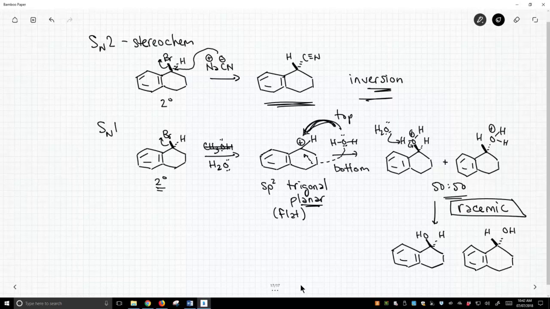This is a racemic mixture. It's very different from the SN2 reaction where it's inversion. This still has a fixed stereochemical configuration.